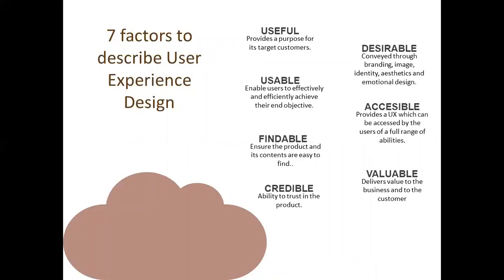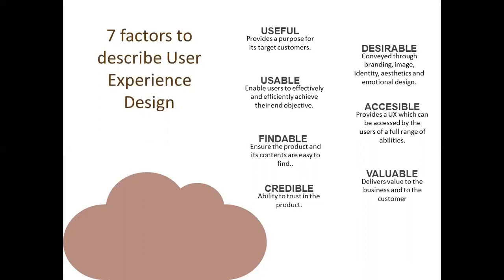Here we have the 7 factors to describe a user experience design. The first factor is useful, it provides a purpose for its target customers. So you need to have a purpose for your customers to want your design.